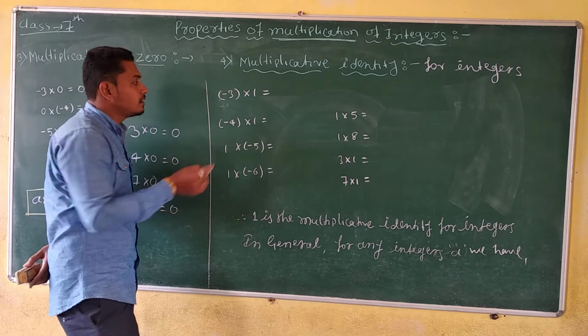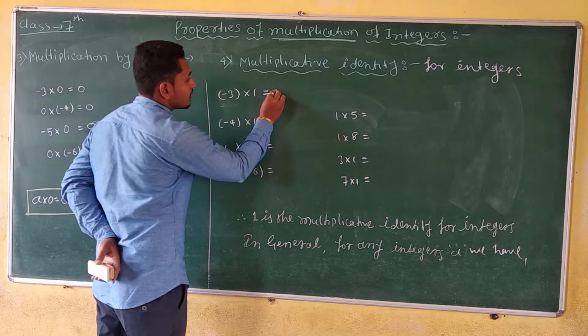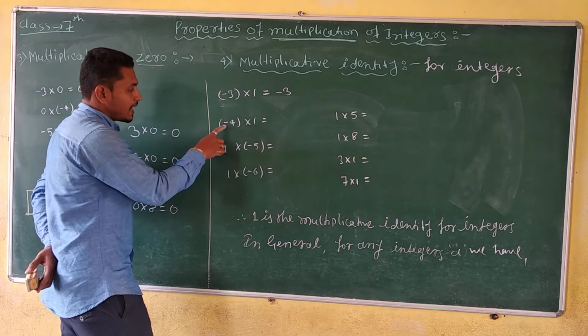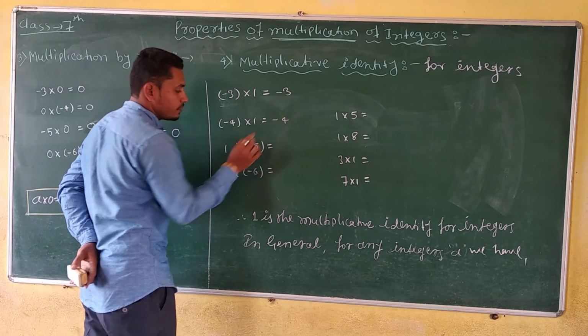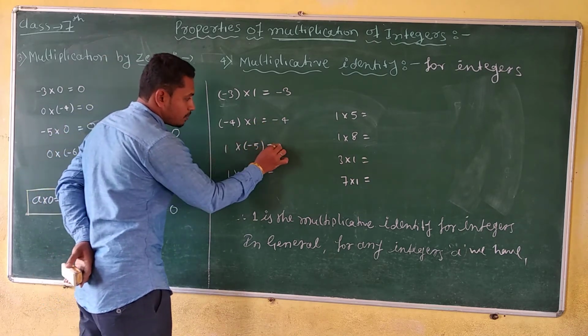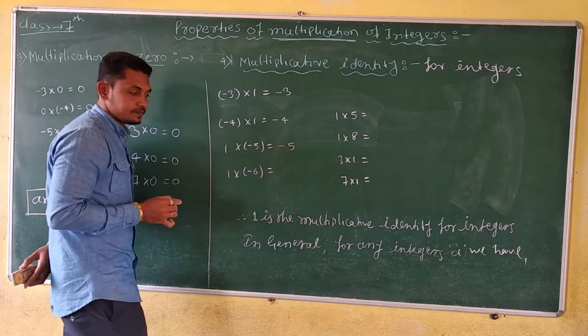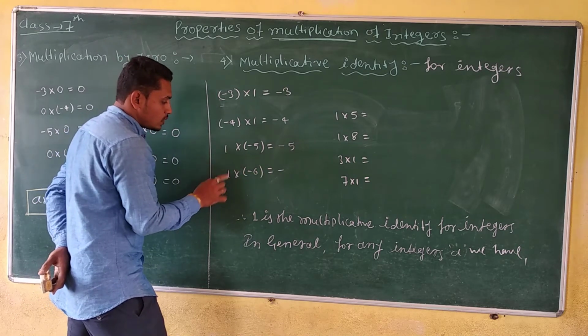Which integer? The previous integer. Here, minus 3 into 1 is minus 3. Minus into plus is minus, then 4 into 1 is 4. Plus into minus is minus, then 5 ones are 5.